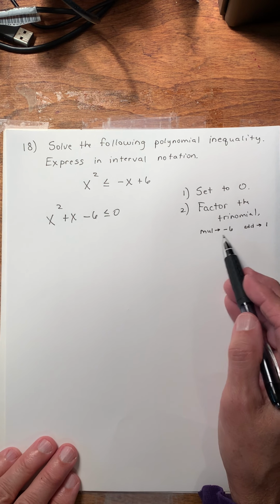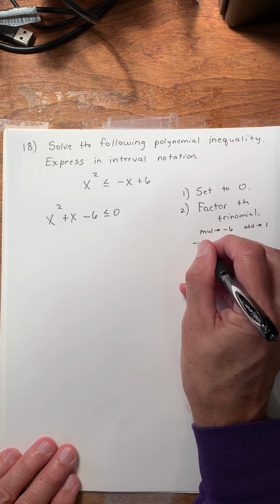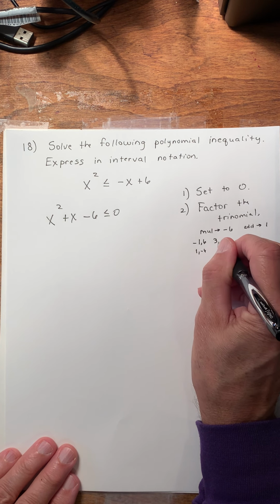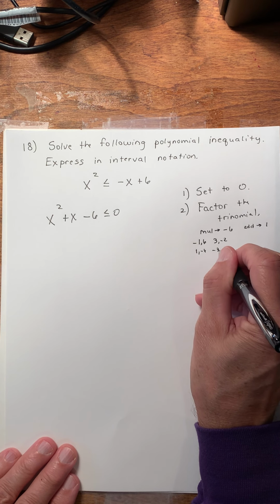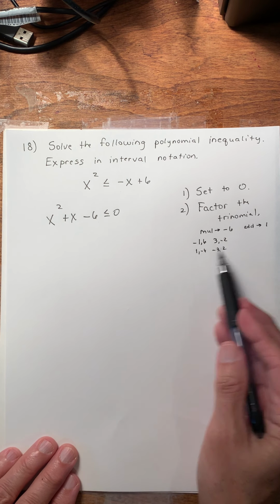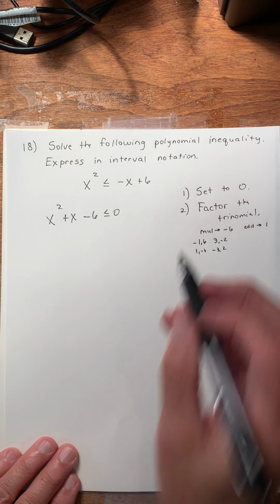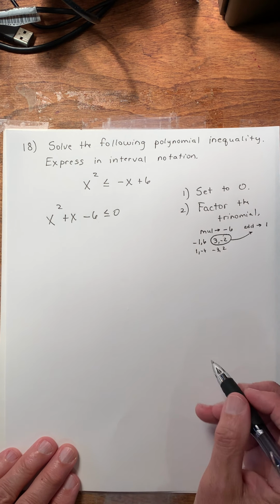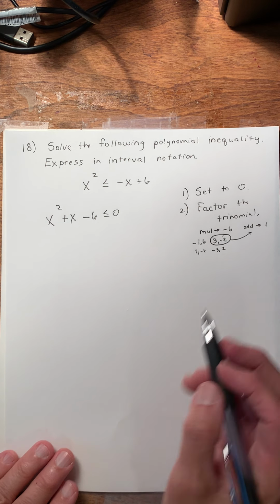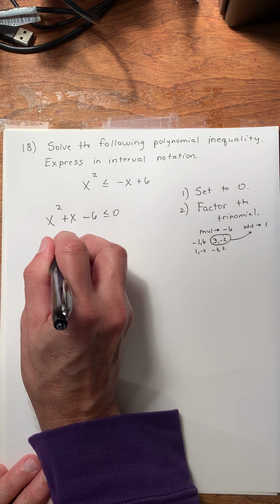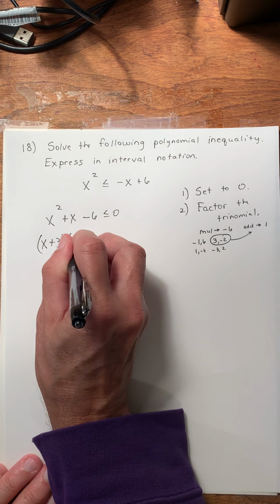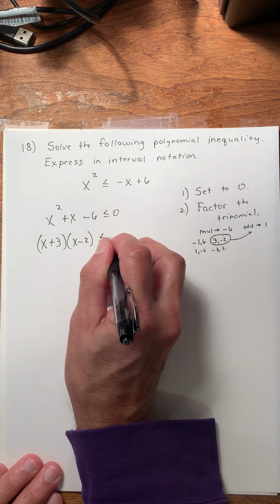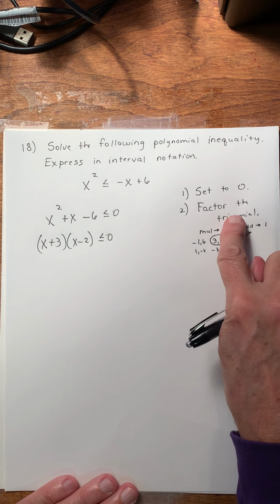So I'm looking for things that multiply to give -6. Let's see, -1 and 6, 1 and -6, 3 and -2, -3 and 2. Any of these add to +1? Yeah, that one right there. So it's a +3, a -2. And I have factored the trinomial.